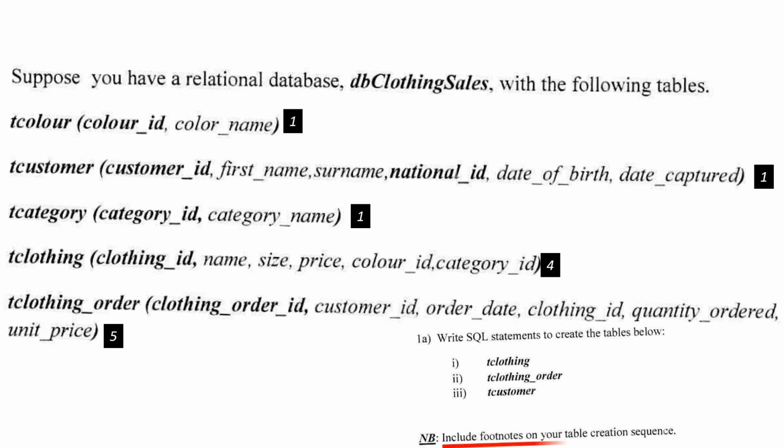So you will have to write SQL statements to create only these 3 tables. But now look, the footnotes that you are supposed to include are only about table creation sequence, nothing else. That's why I left only these numbers on this paper.